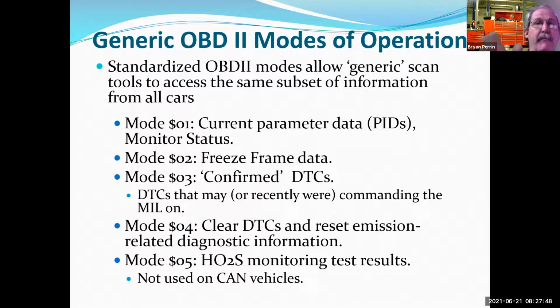Now, remember what I said about backwards compatibility, right? Memory's cheap now. The problem is that with backwards compatibility, we're still built on the same OBD II frame. So it's like buying a house that's completely remodeled and you find out that the basement was installed during the Revolutionary War. Okay, so yeah, some of the plumbing, some of the other things, there's still going to be some idiosyncrasies here.